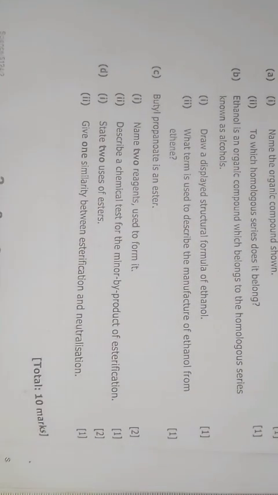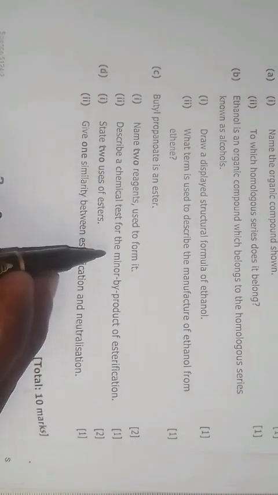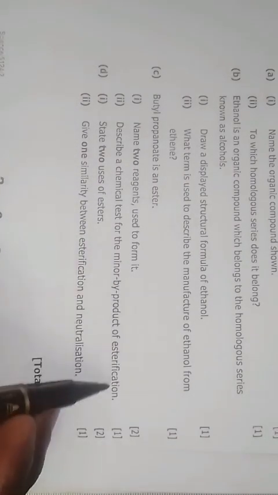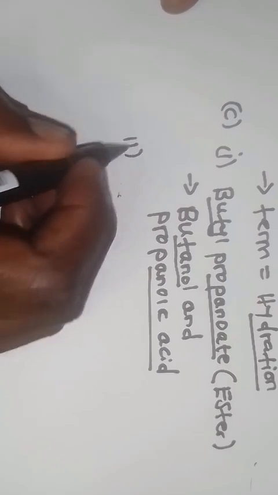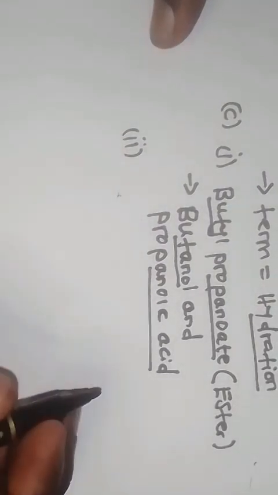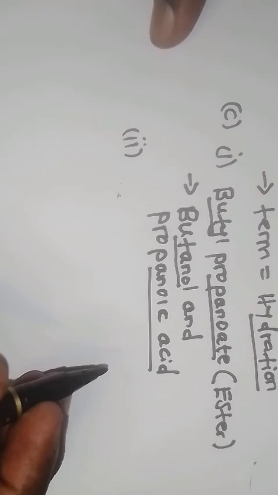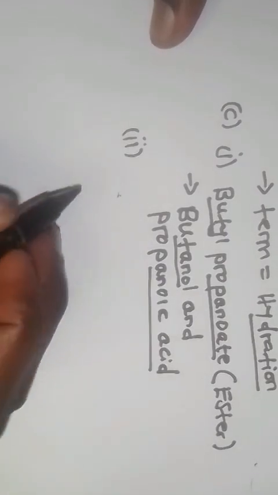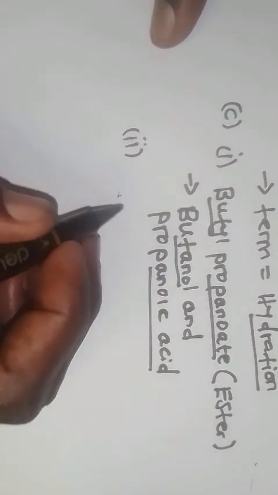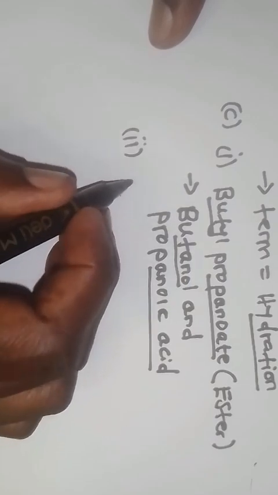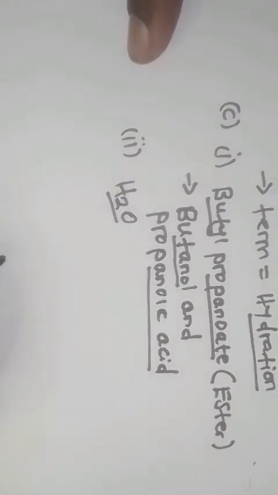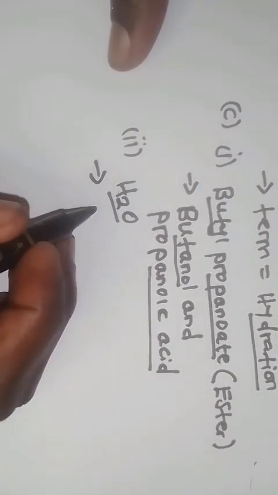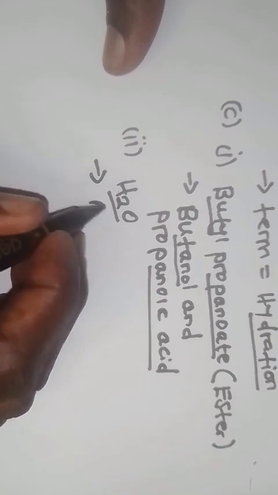And then what follows now is to describe a chemical test for the minor byproduct of esterification. We have to understand that esterification is the formation of an ester when you combine an alcohol and an acid. So water is always formed. The minor product they are looking at is water, so they want us to do the test on water.